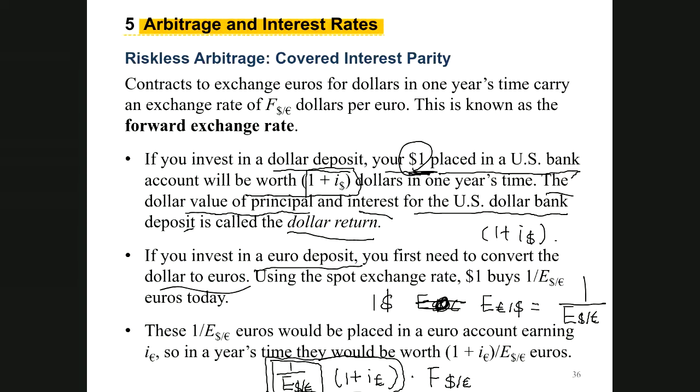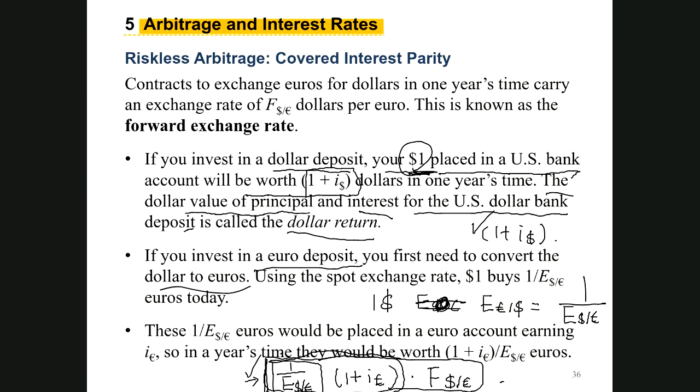So if you choose the second route, to deposit your $1 into a foreign bank, this is exactly the return that you will get. So by the no arbitrage condition, we make this one equal to this one, so that the financial market will be in equilibrium.